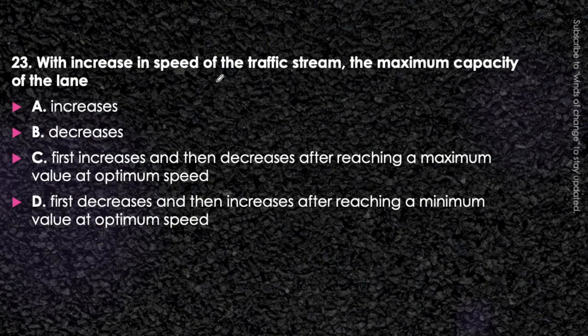Here we are talking about the capacity, meaning the volume of traffic per hour. First of all, if we increase the speed of traffic, then it will increase. So it is true that first it will increase, but there will be an optimum value. After reaching a maximum value at optimum speed, it will start decreasing.